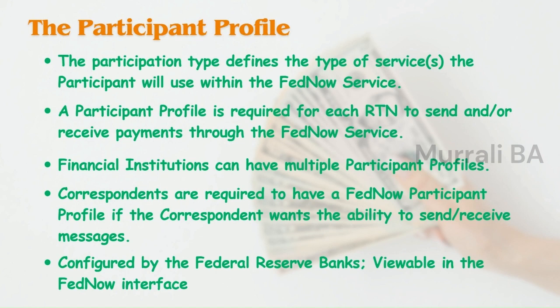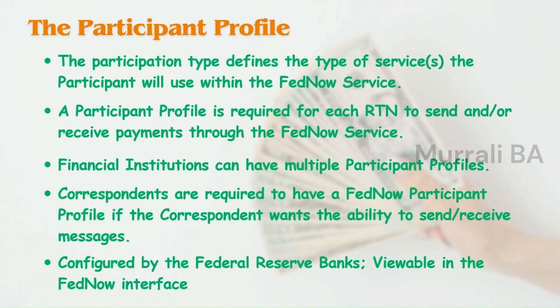Let's say that your bank has 10 branches and each branch will have an RTN. RTN is nothing but a routing transit number or ABA code, so both of them are the same.